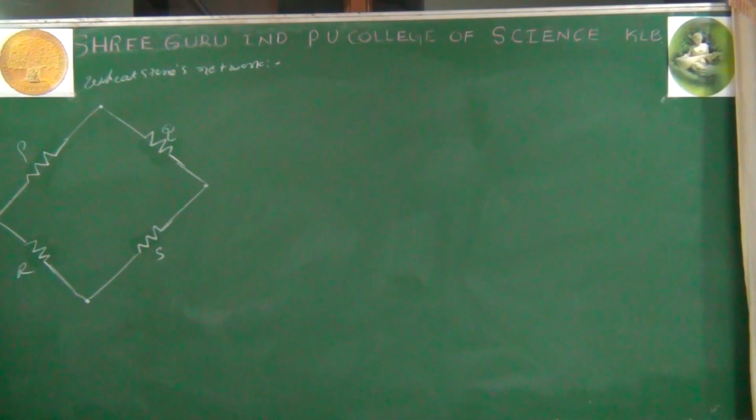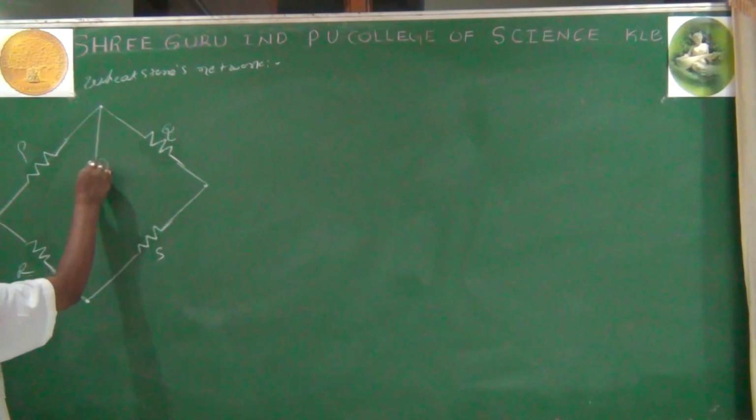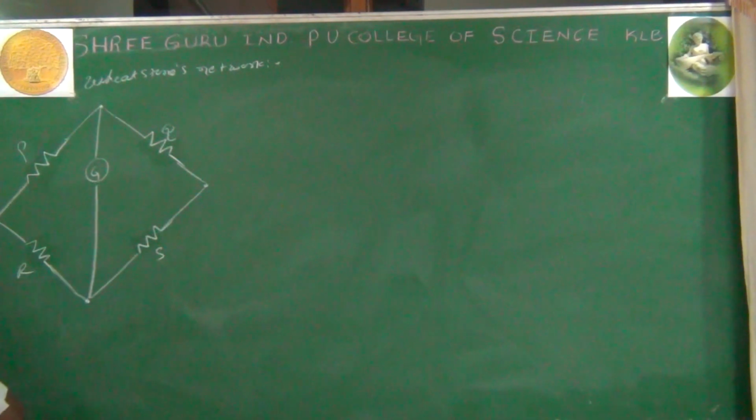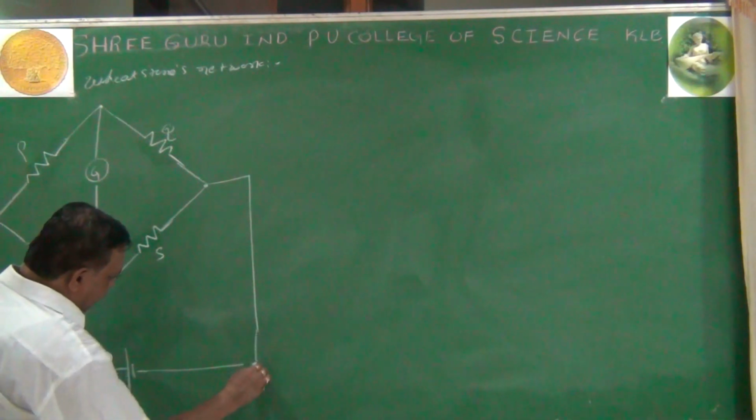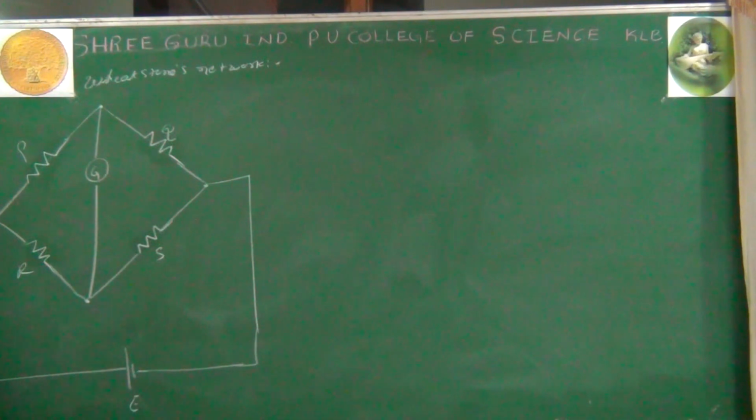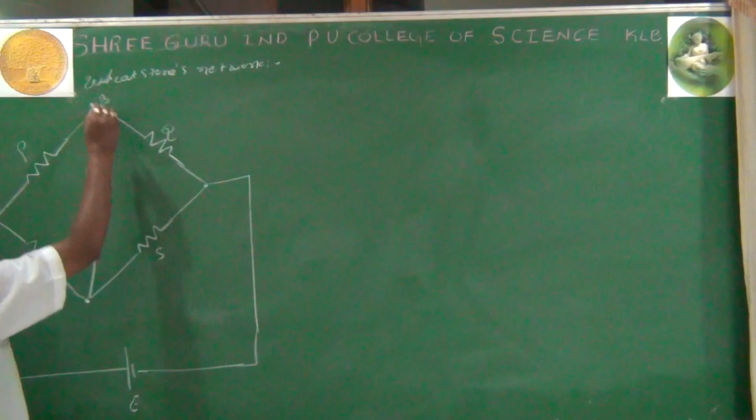Across any 2 diagonal points, the galvanometer of resistance G is connected. Across the remaining 2 diagonal points, to pass current through the circuit, we need a source of current. This is the EMF E of negligible internal resistance. I named that quadrilateral A, B, C, D.